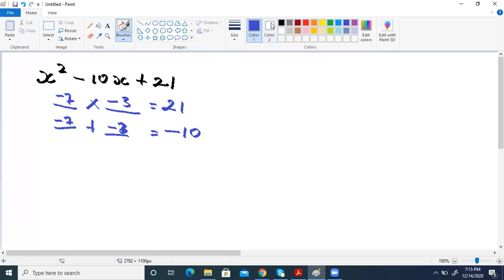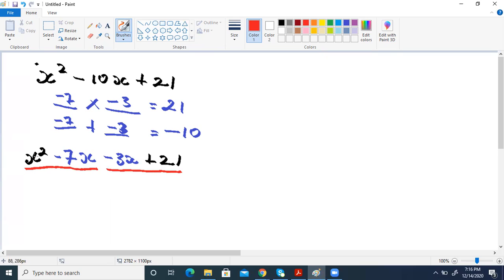So we rewrite the equation as x squared, but instead of the middle term, we use the two numbers: negative 7x minus 3x plus 21. Then we factorize as per usual. When we have four terms, we factorize by pairs, the first pair and then the second pair, to end up with two brackets.